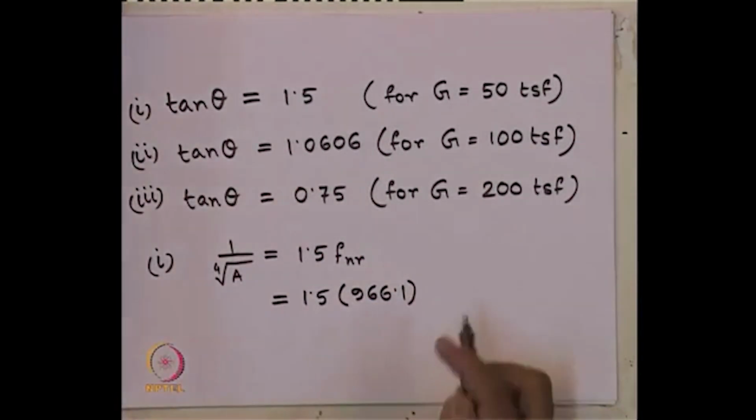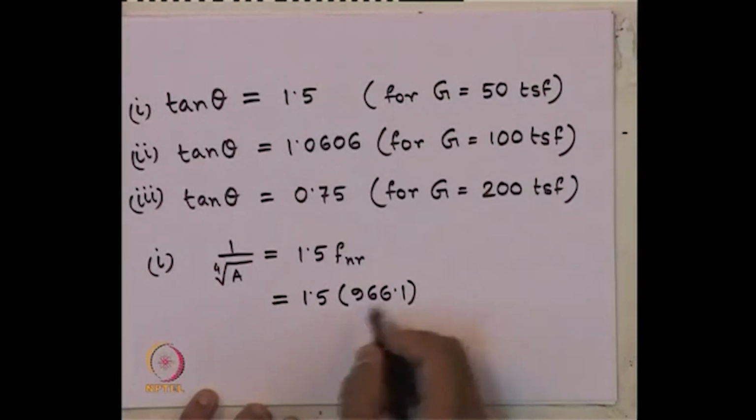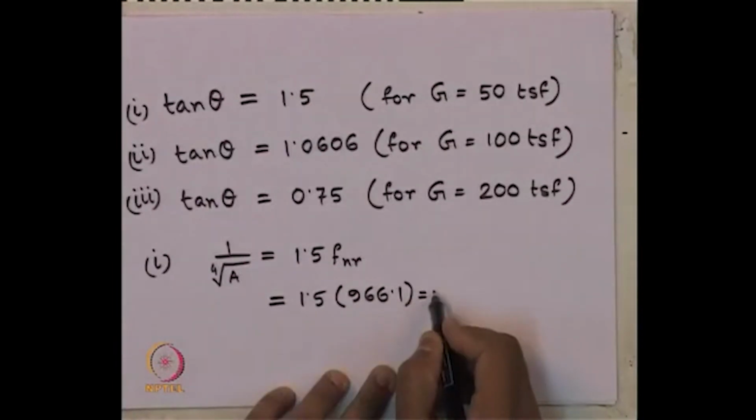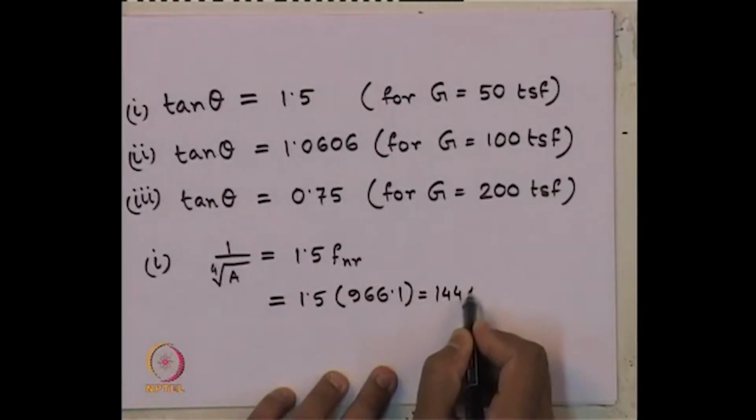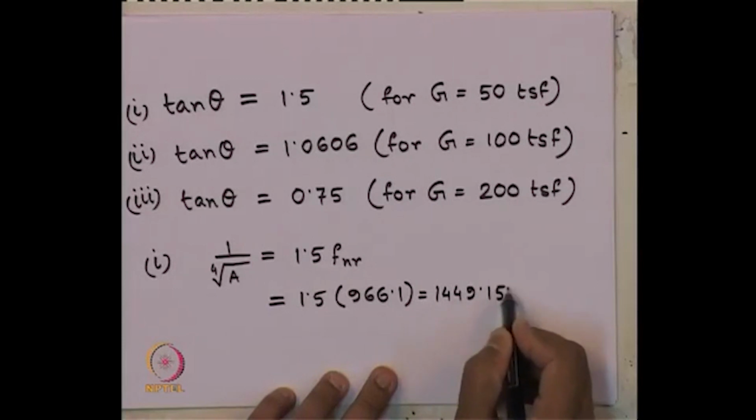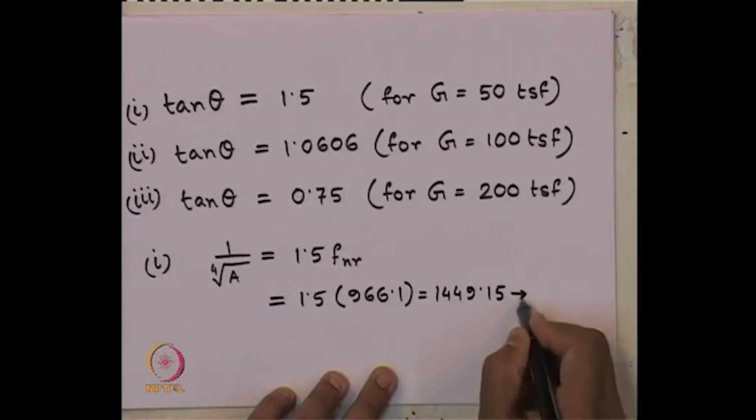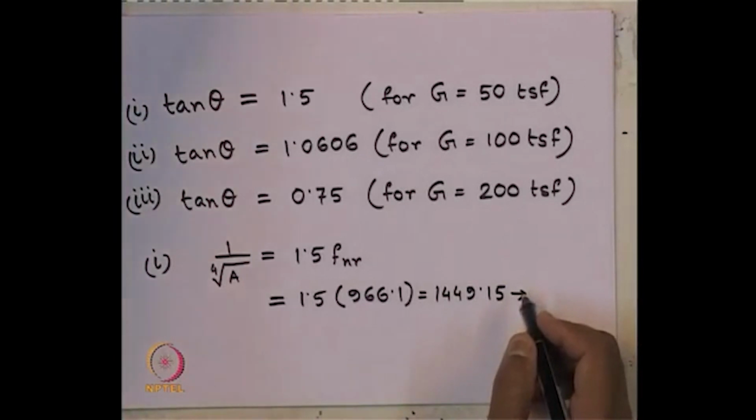So, it will give me a value of 1449.15. This is for the case of undertuned, right.